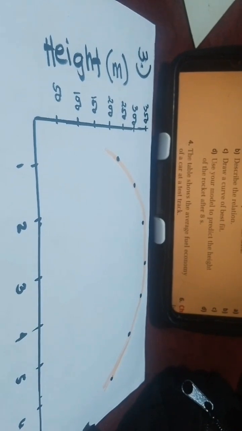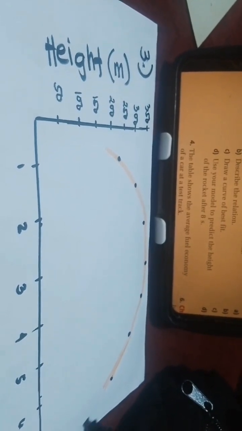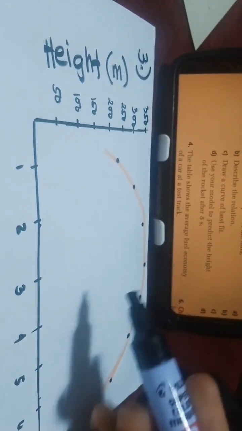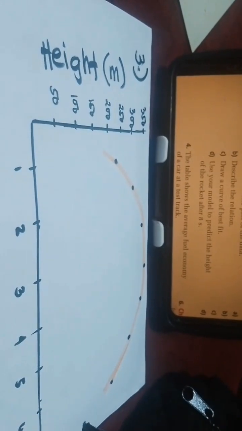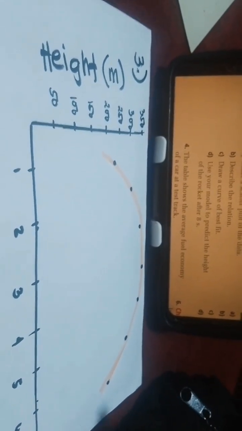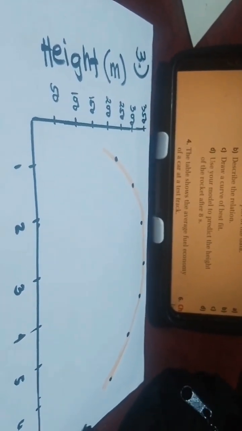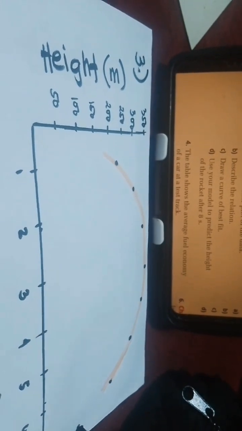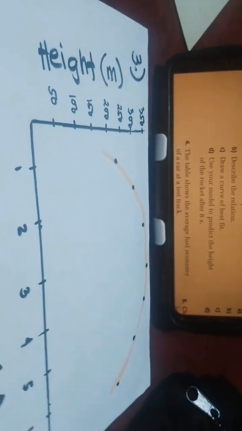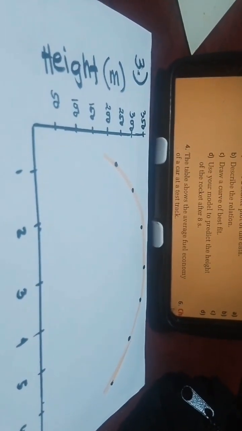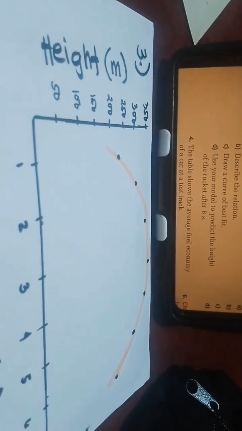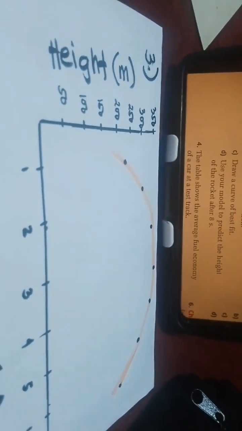Around here, I guess between 100 and 150. This might be the location of the rocket at 8 seconds.